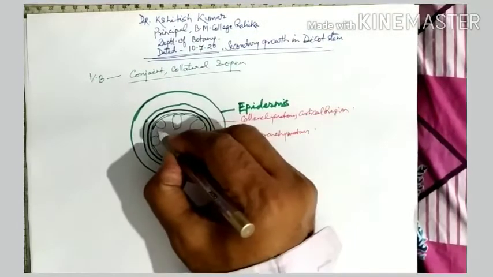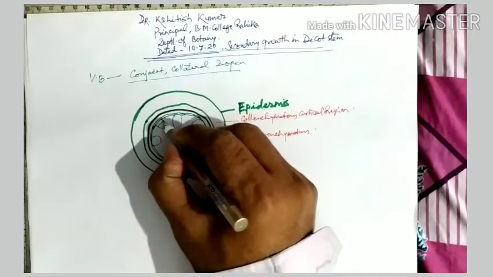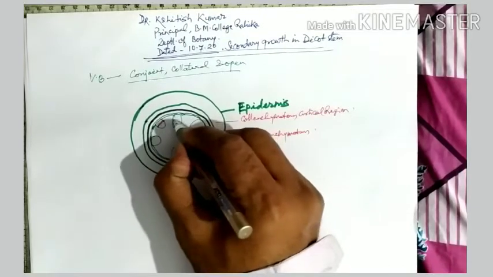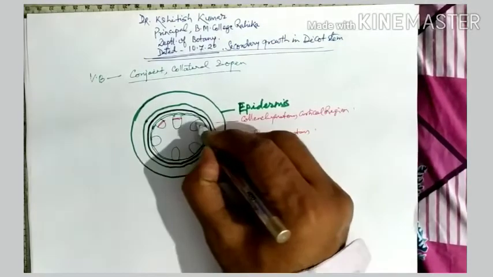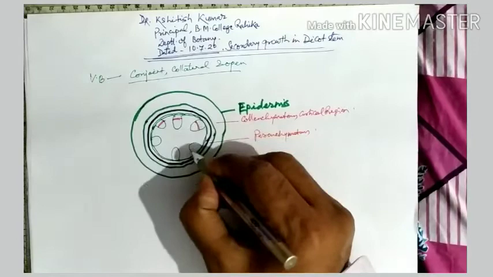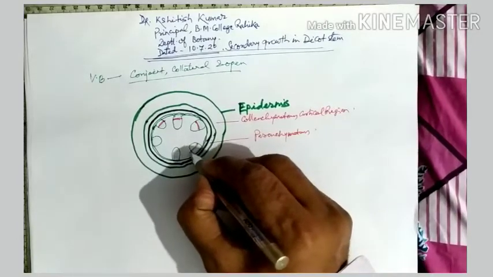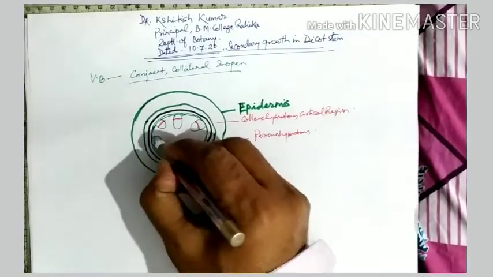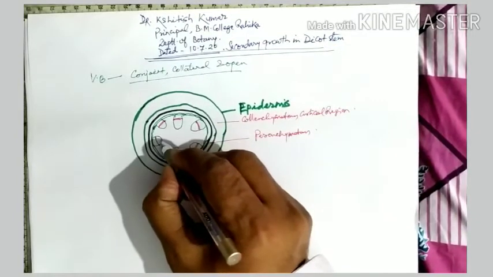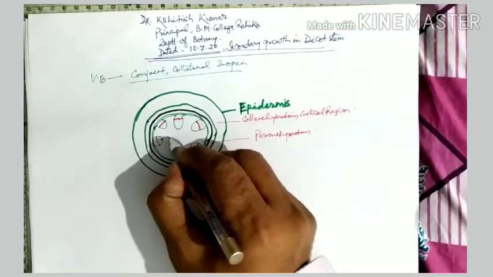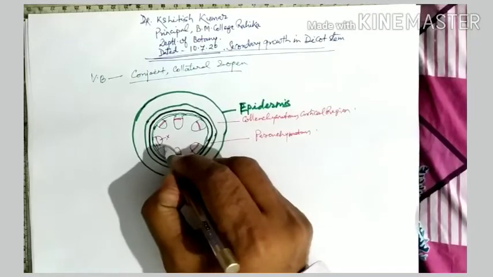Means there is a strip of cambium here, and here, and here, and here also. And this is the xylem, and this is the phloem.